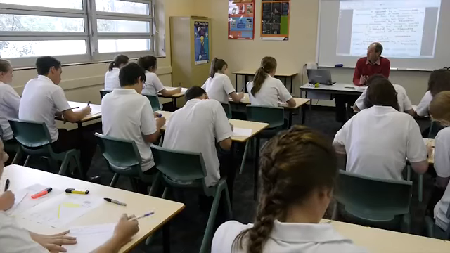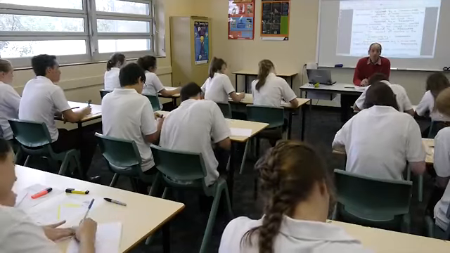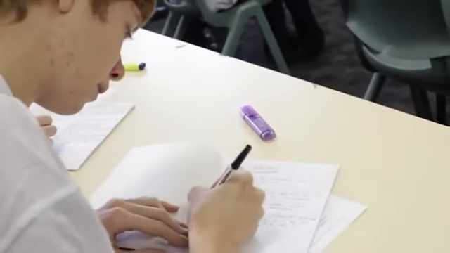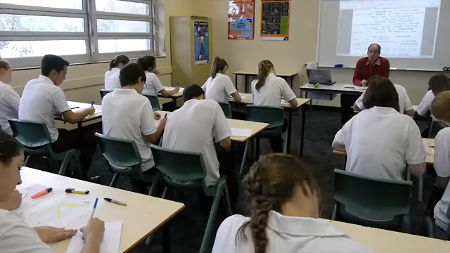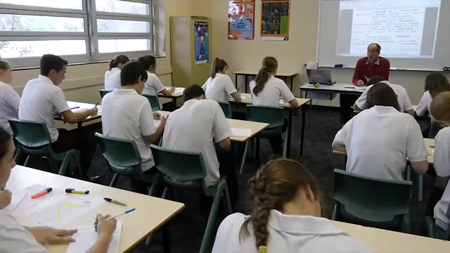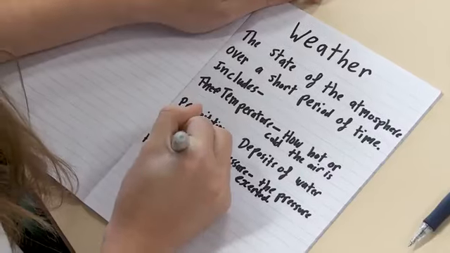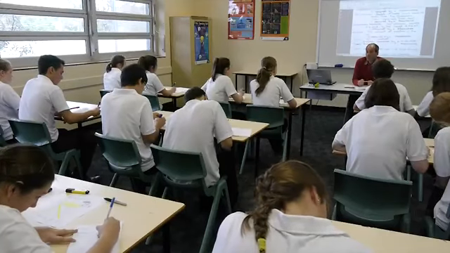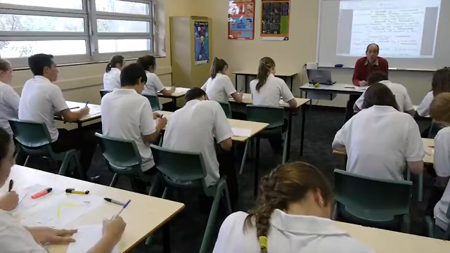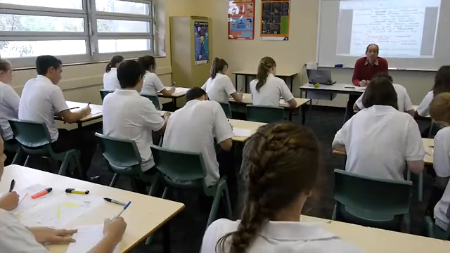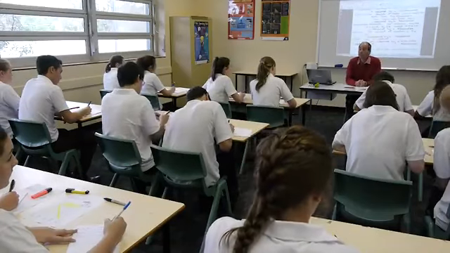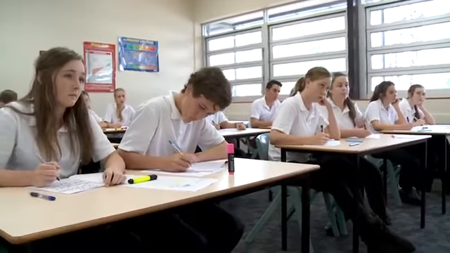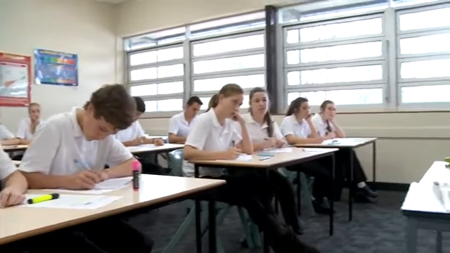The next one, humidity, the amount of moisture in the air. Obviously when it's raining, there's a lot of moisture in the air, but at other times there can be moisture in the air and we don't know it, but we can feel it. What happens to us when there's a lot of moisture in the air? Do we become humid?